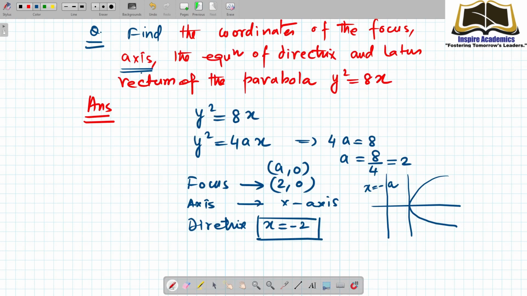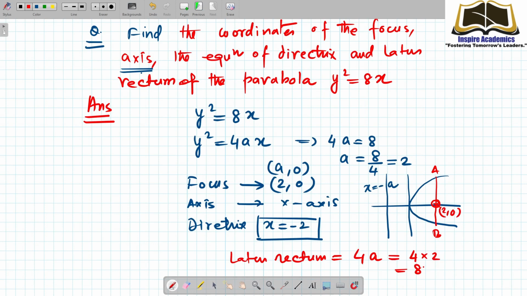And latus rectum क्या होगा, latus rectum क्या होता है, 4 times a, so हम कहेंगे इसको 4 times 2, so length of latus rectum आ गया हमारा 8. So this is your focus 2,0 and latus rectum is AB, so AB is 8 units.